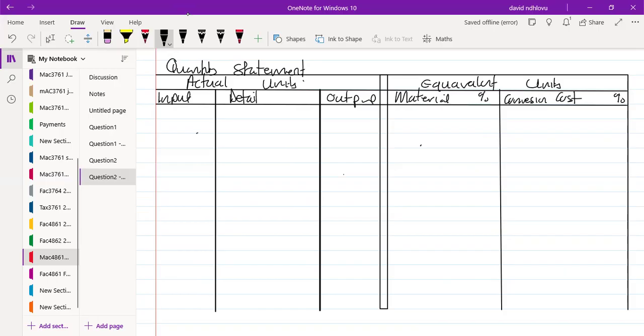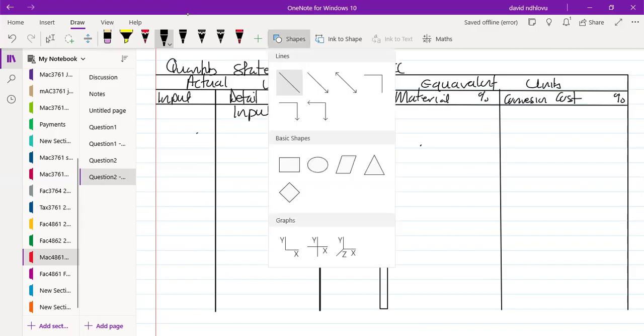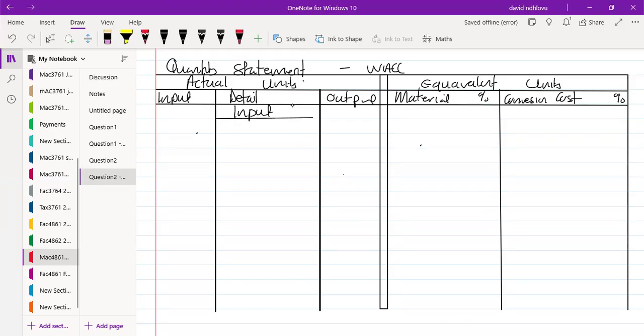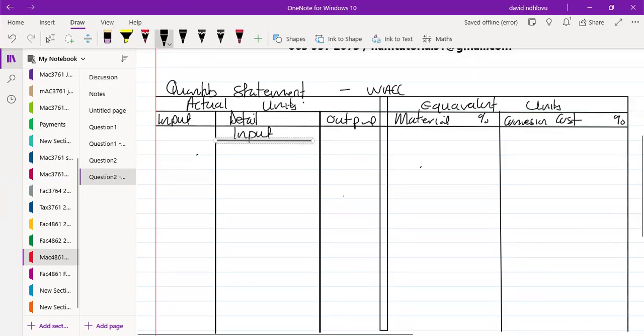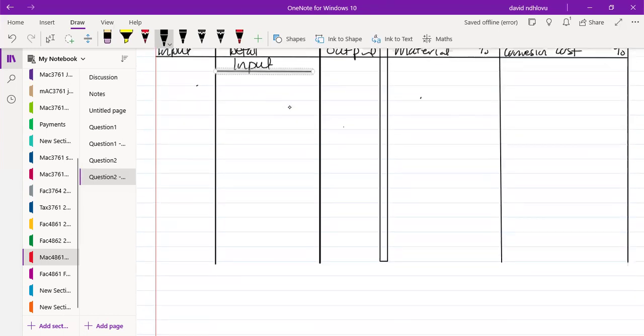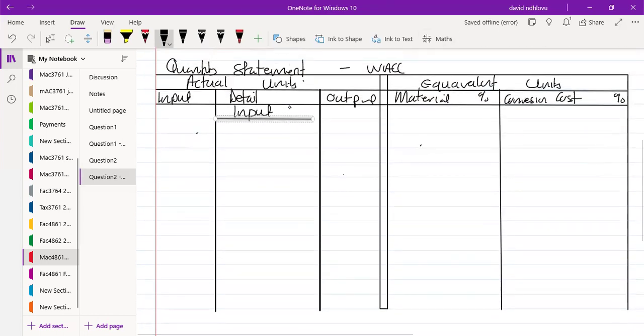You always start with your input. When you do this, you need to check whether you're using the weighted average cost method or the FIFO method. Remember, we are in production. We are saying in the month of January 20X6, how many units did we start with?